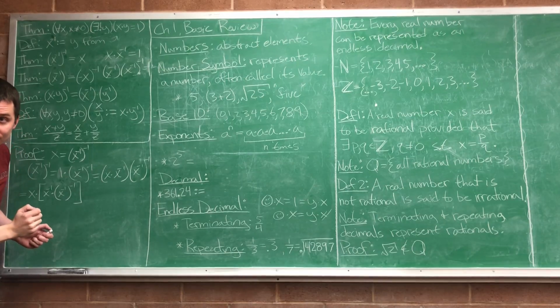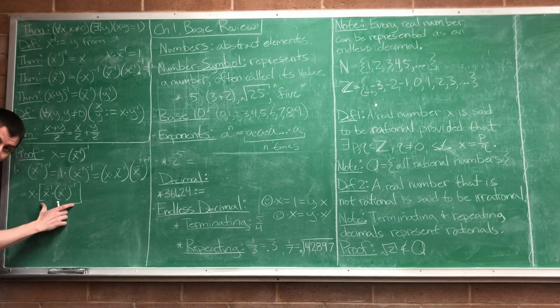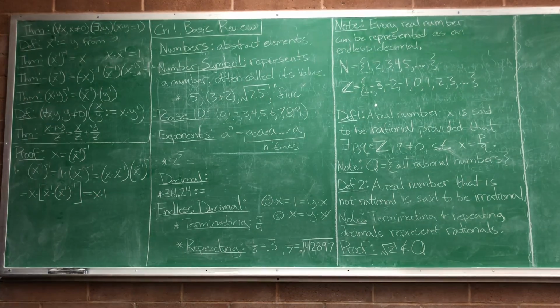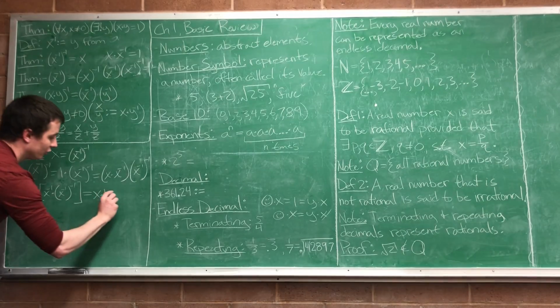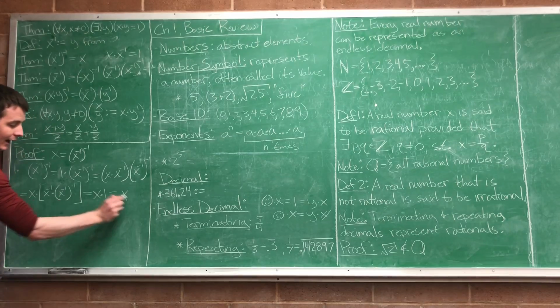Does that make sense? Yep. So x inverse times the inverse of x inverse is 1. This whole thing right here is just 1. So this is all equal to x times 1. And then what is x times 1? Just x. So I just showed that x inverse inverse is equal to x.